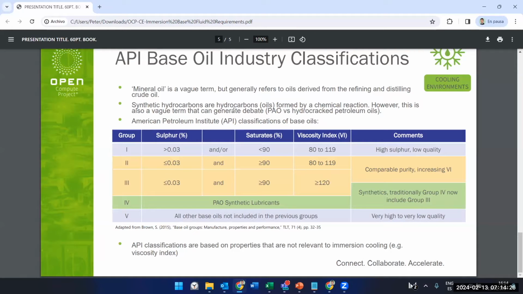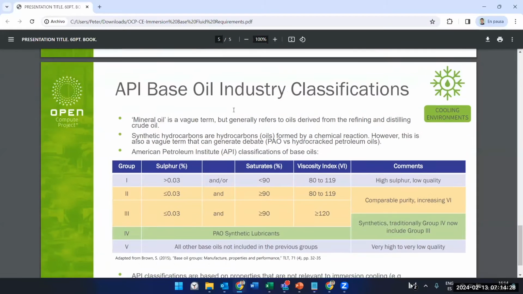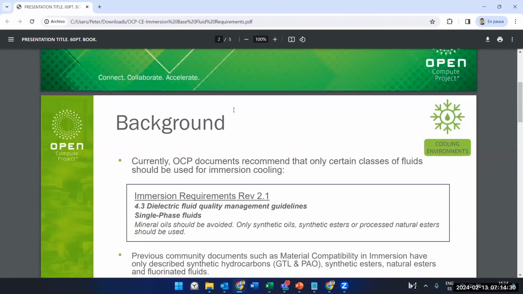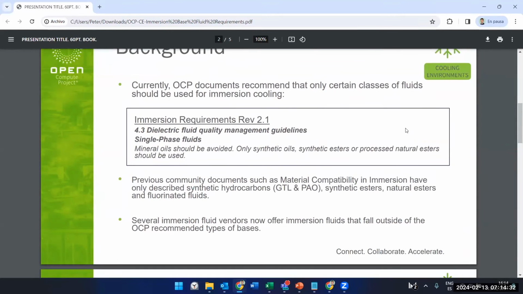And I think the idea would be that, going back to things like the immersion requirements document, if we want to come up with a new proposal for these types of statements, that could be one potential outcome. We could argue in favor of keeping the status quo. It's a completely open discussion, right? So with all of that said, I'm going to open up the floor to anyone who would like to comment.